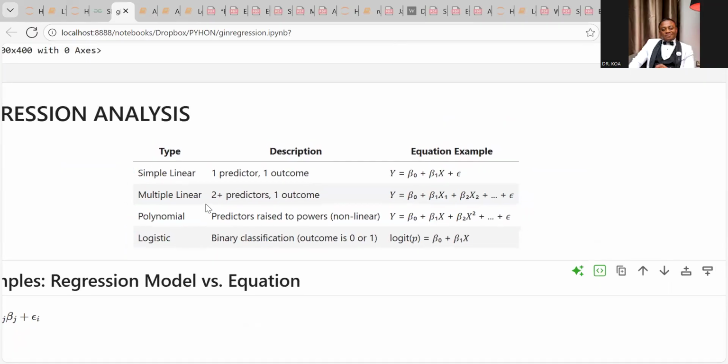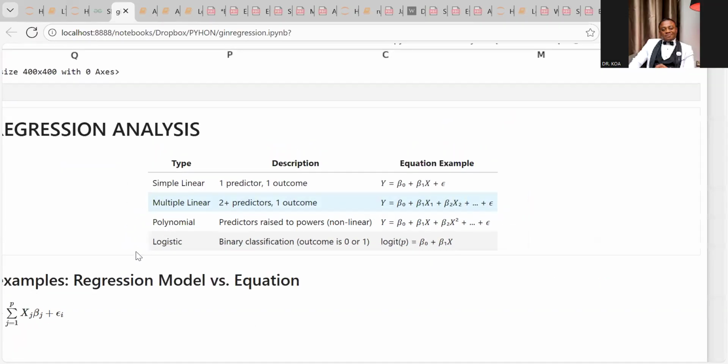Please note something. There is a polynomial regression. What makes it polynomial? Sometimes it's known as nonlinear or quadratic. It is the fact that one of the independent variables or one of the features has been squared.